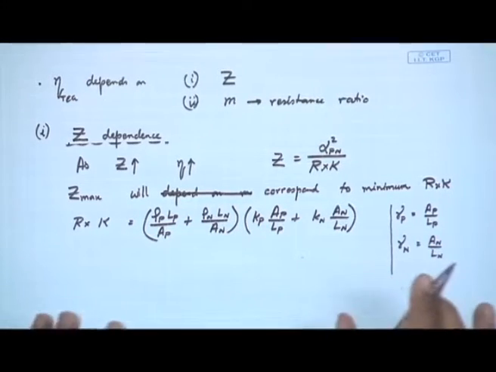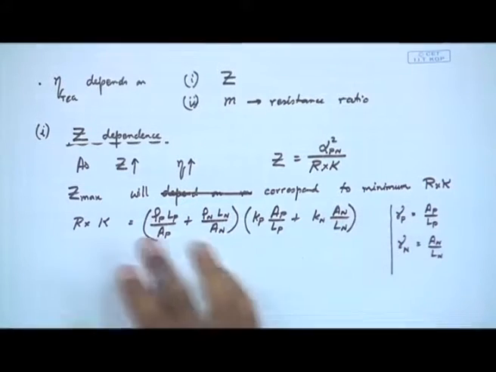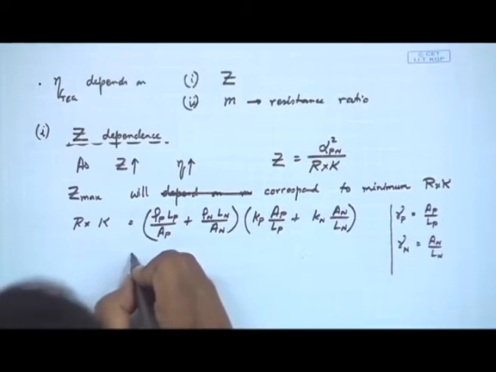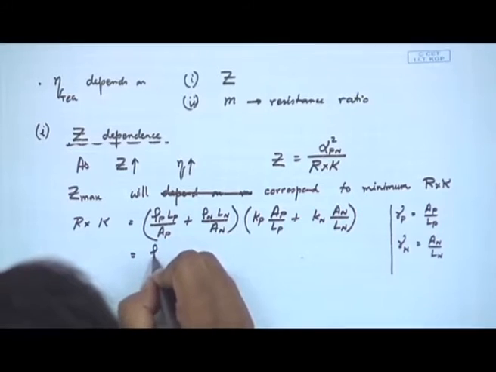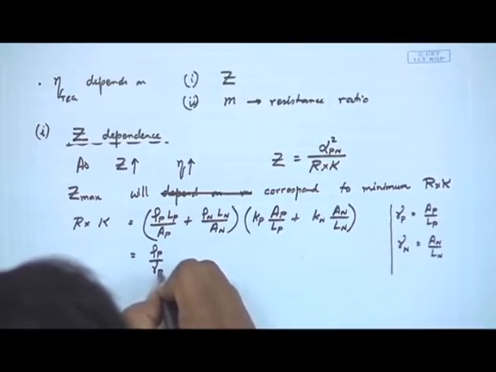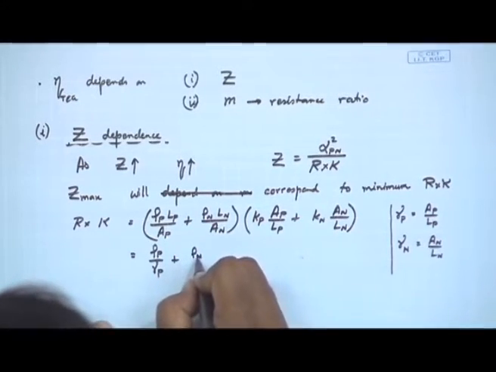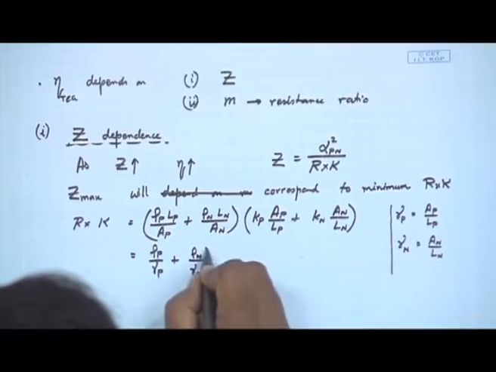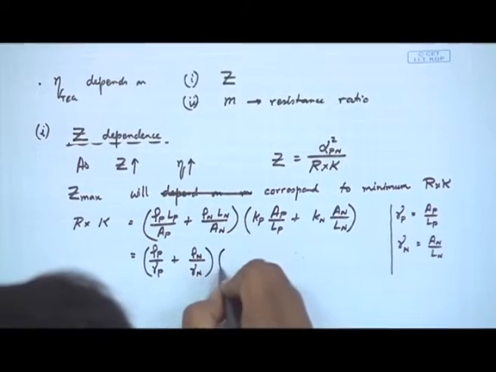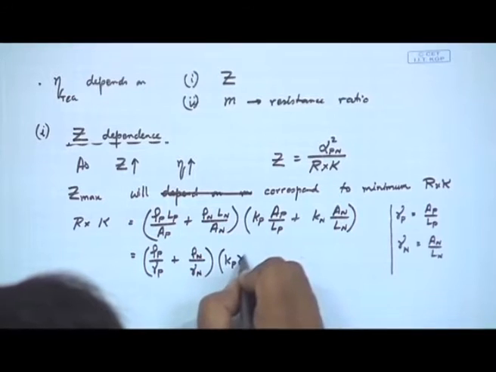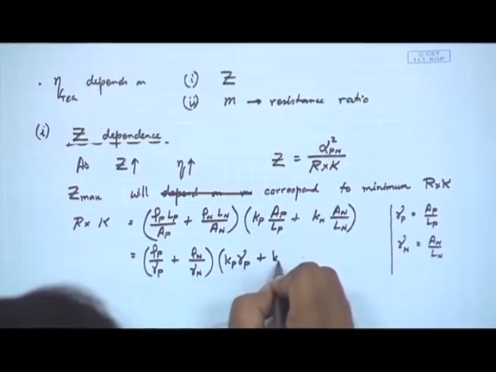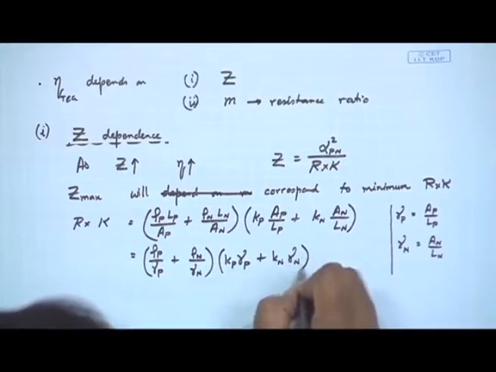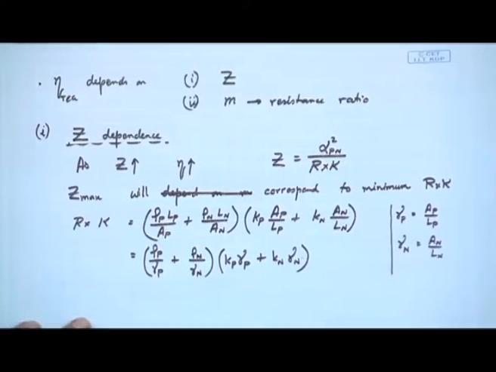Nothing spectacular, this is just to make lives simple here. So, then this becomes (rho_p over gamma_p plus rho_n over gamma_n) times (K_p gamma_p plus K_n gamma_n), fair and simple.